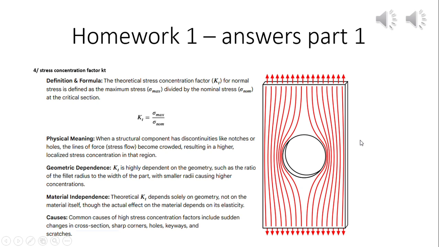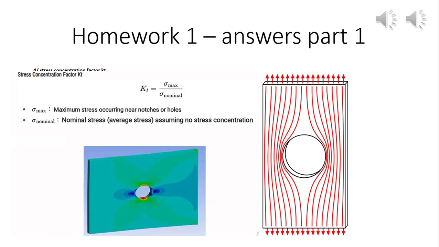The last notion that we're going to talk about this week is stress concentration factor. What's the definition and formula of stress concentration factor? The theoretical stress concentration factor for normal stress is defined as the maximum stress divided by the nominal stress at the critical section.